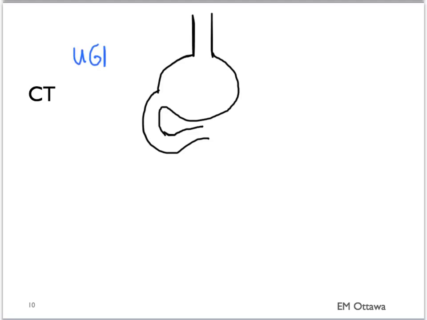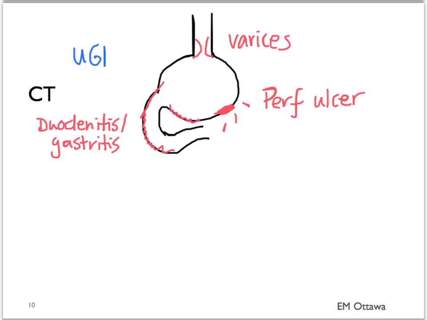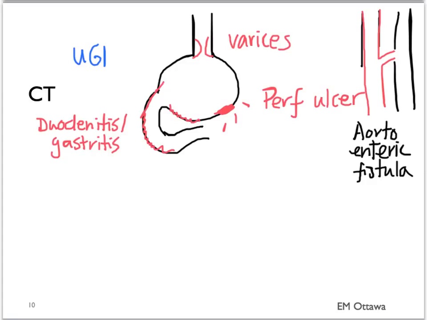CT is quite helpful in diagnosing a few different conditions that can lead to upper and lower GI bleeds. For upper GI bleeds, it can diagnose esophageal varices, perforated ulcers, and sometimes duodenitis and gastritis. It can certainly diagnose aortoenteric fistula.